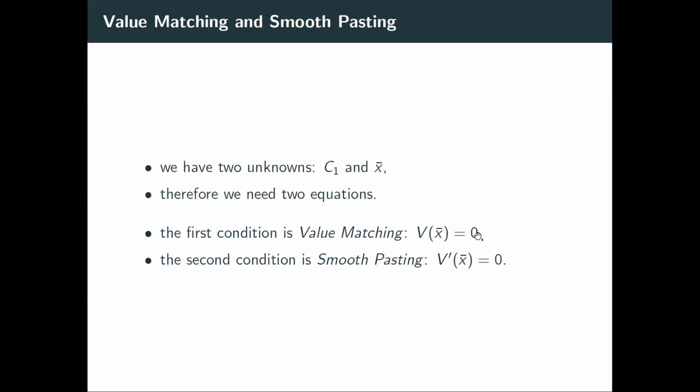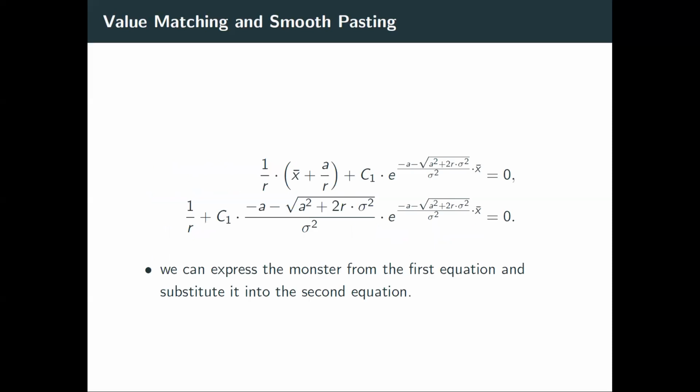In general, instead of zeros, you should have the value of the value function at x bar from the left, and here the derivative from the left. But in our case, they reduce to zeros. So in terms of analytical expressions, it reduces to these equations. This is the value matching condition.